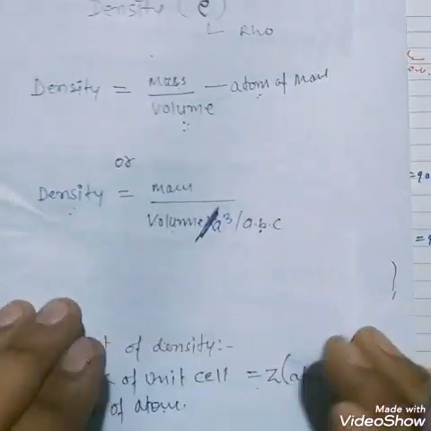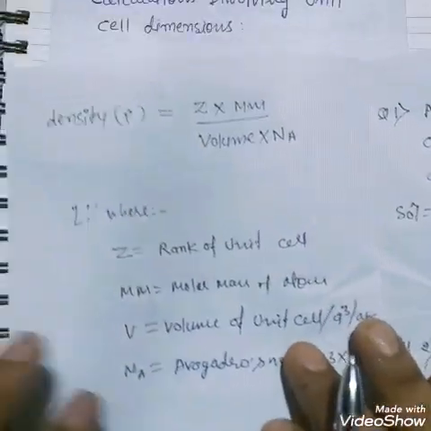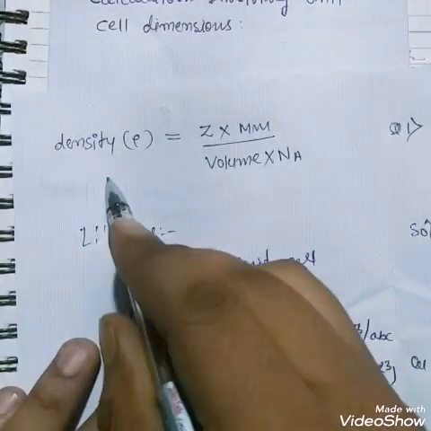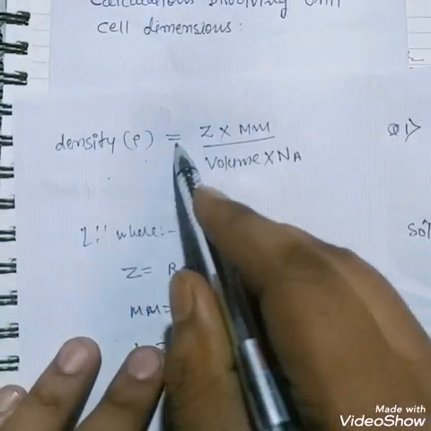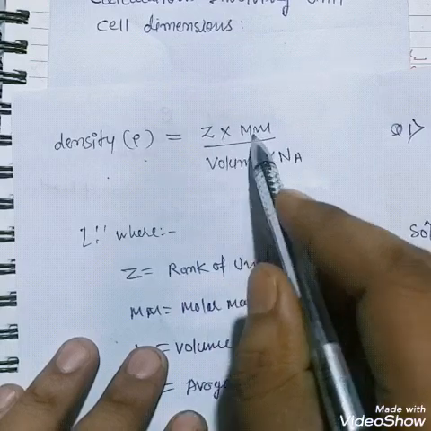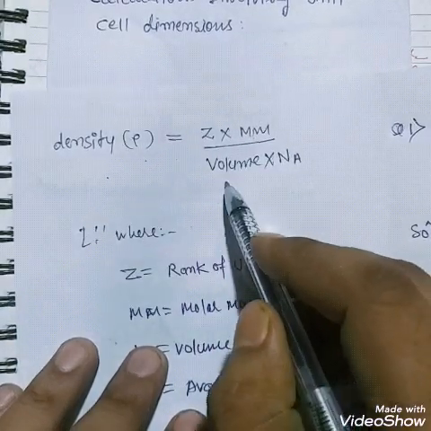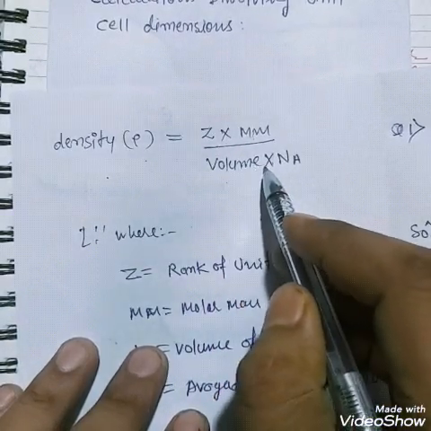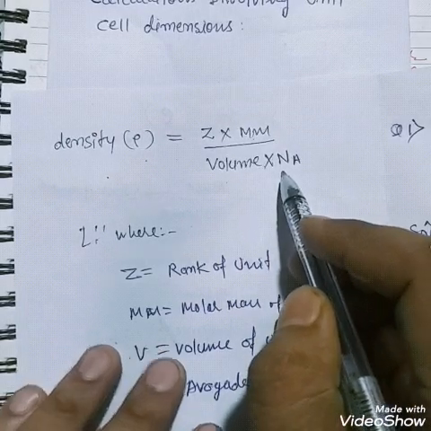So finally we reach the formula for density. It is represented by rho, which is equal to Z times molar mass upon volume times Avogadro number. Here Z is very important.